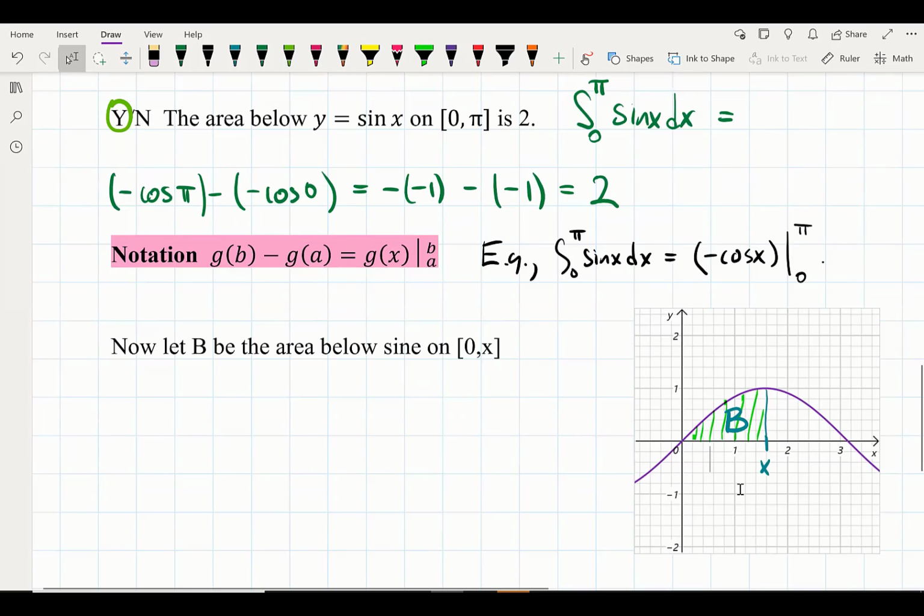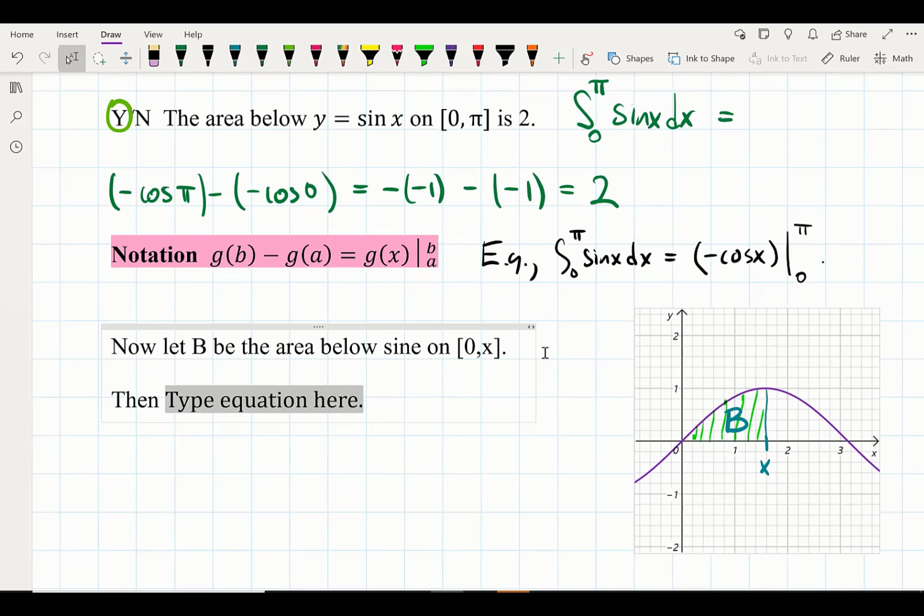Now let's just leave it as x, and let's see what happens. Then, as we've seen, B is the integral from, well, now it'll go from 0 to x of sine, and I guess I shouldn't use the letter x anymore. So how about I'll use t.